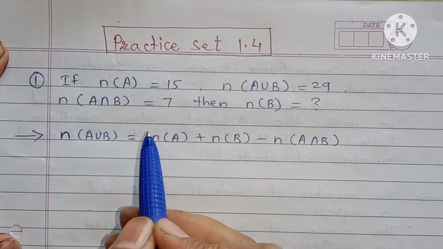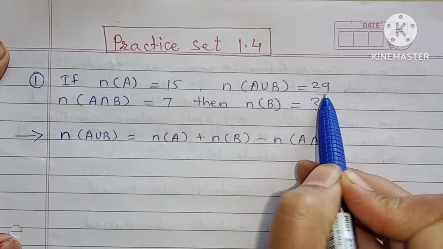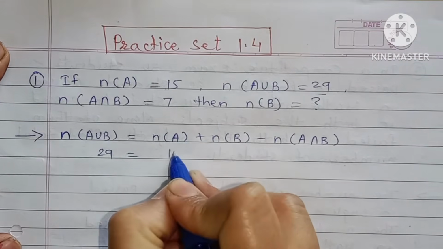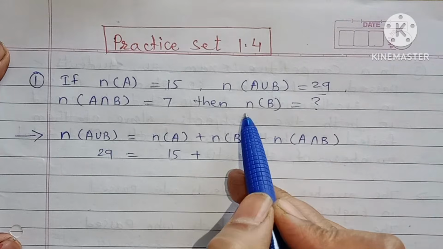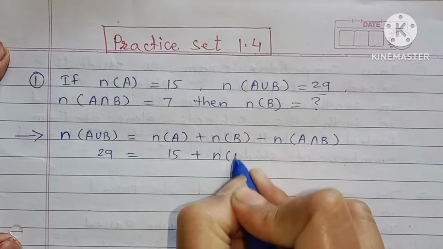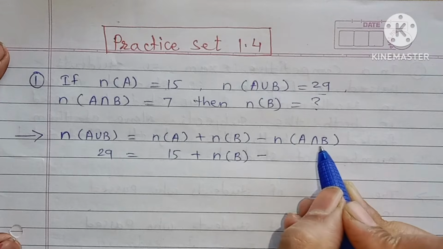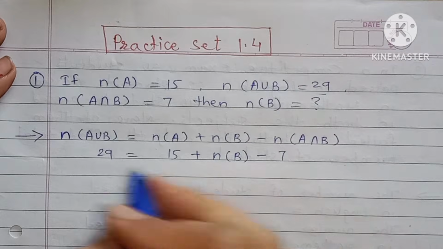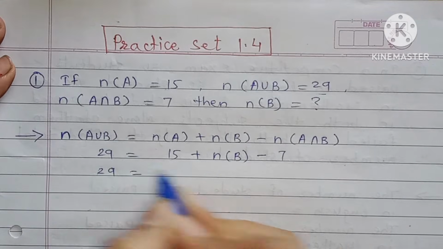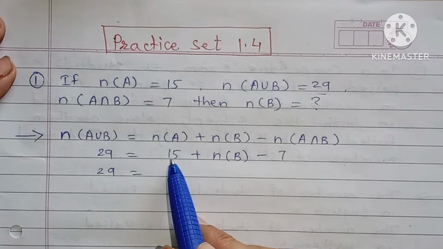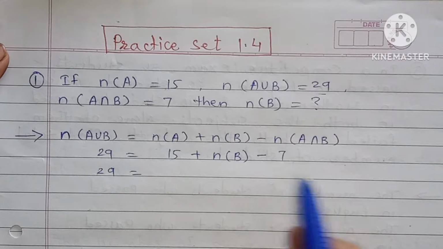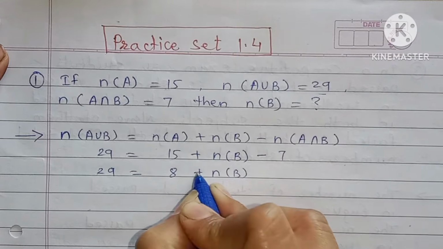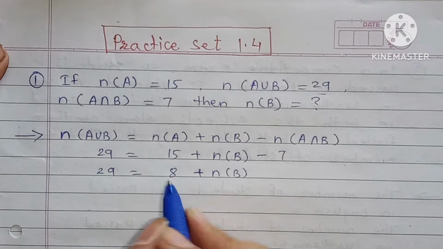n of A union B is given, 29. This 29 is equal to n of A, 15, plus n of B, not given, write down as it is, n of B, minus n of A intersection B, 7. 15 minus 7 is 8, plus this n of B as it is.